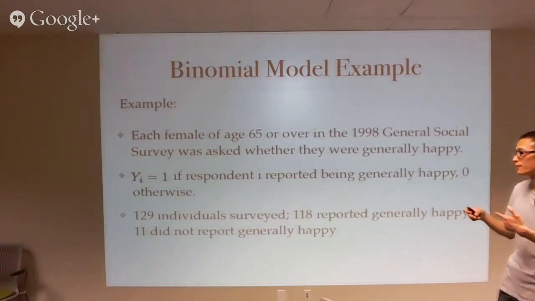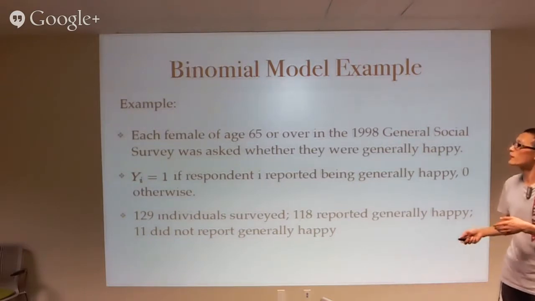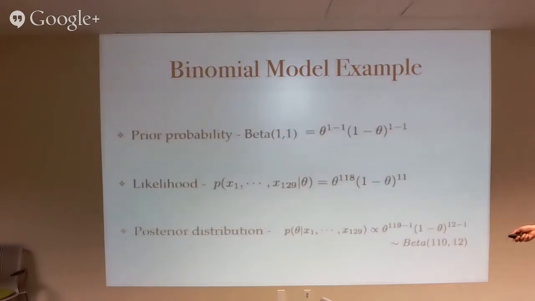They only have two possible outcomes, and the data is 129 individuals surveyed, 118 reported generally happy, and 11 did not report generally happy. We can see the model looks like this. This is beta with a equal to 1 and b equal to 1, which is the uniform distribution.